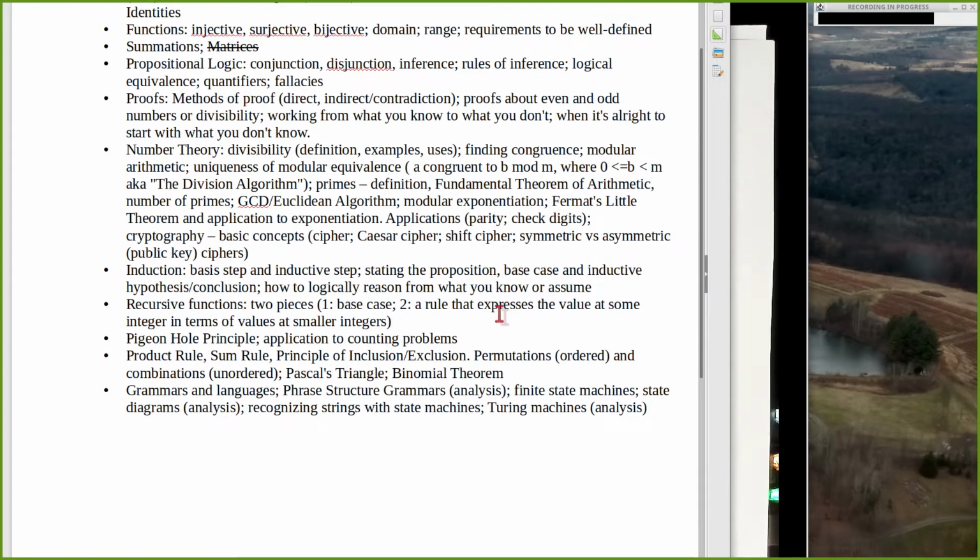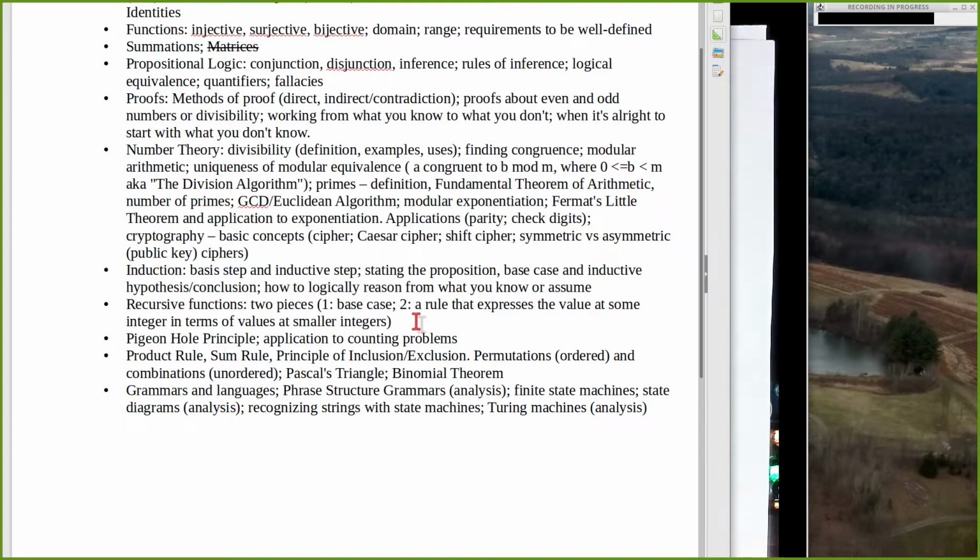And this should at this point be seeming very familiar. A recursive function is a base case and a rule that expresses the value at some integer in terms of values at smaller integers. This is the knapsack problem. How much stuff can I put in a bag that holds 10 pounds?